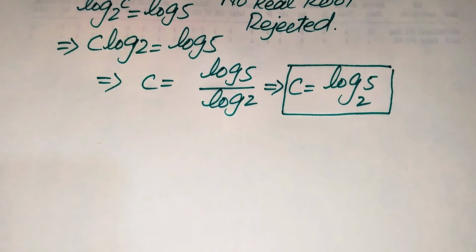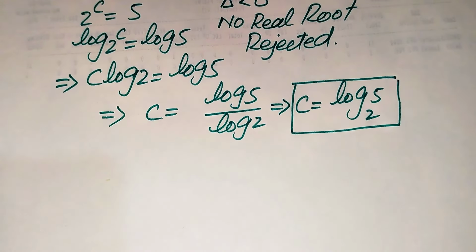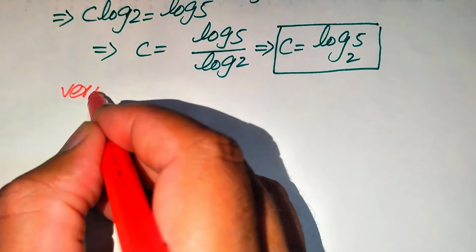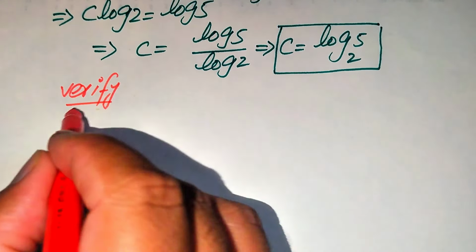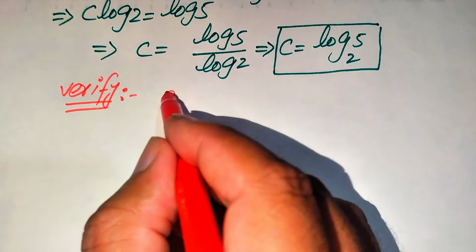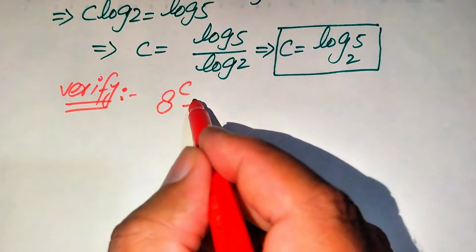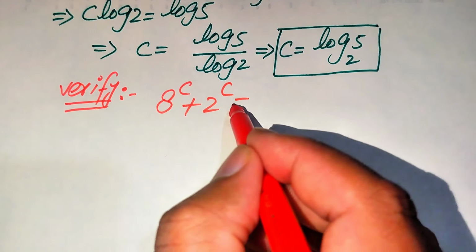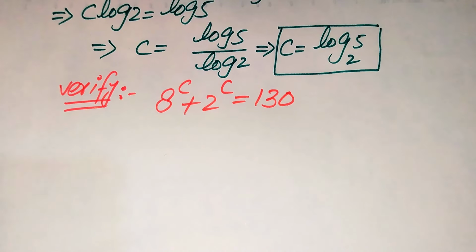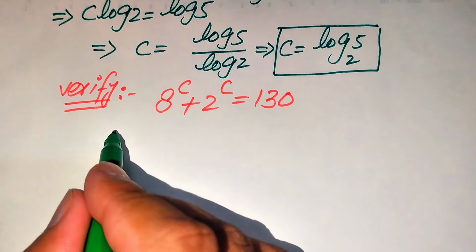Now in the next step we need to verify this value of c, and here we check whether this value of c satisfies our given question statement or not. For this we need to copy down the given question statement here, and it is 8 to the power of c plus 2 to the power of c is equal to 130. Here we put this value of c and check whether both sides are equal.